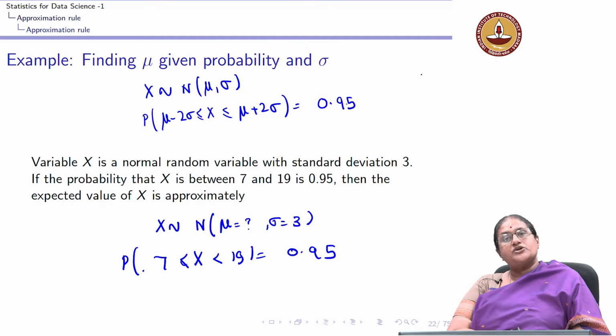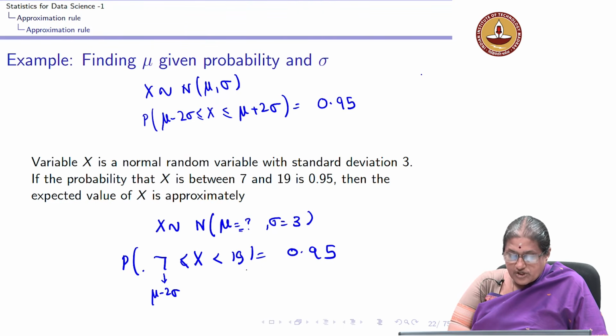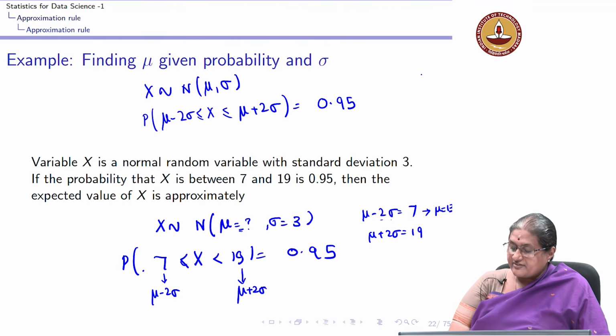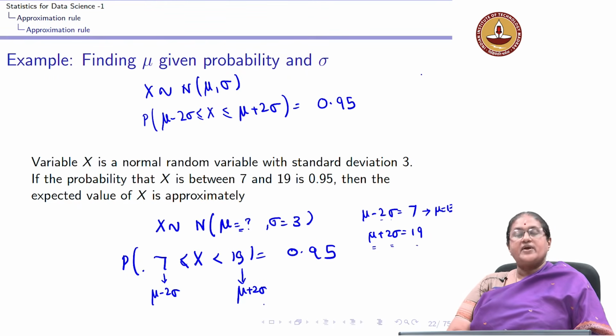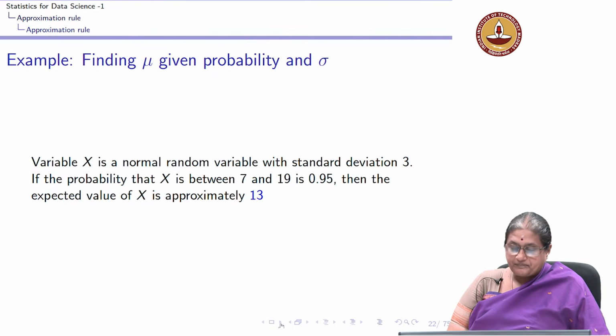I do not know mu, but I know that 7 is mu minus 2 sigma and 19 is mu plus 2 sigma, and sigma is 3. So, this tells me that mu is equal to 13, and I can verify that 13 plus 6 is 19. Hence, the approximate value of mu is going to be 13.